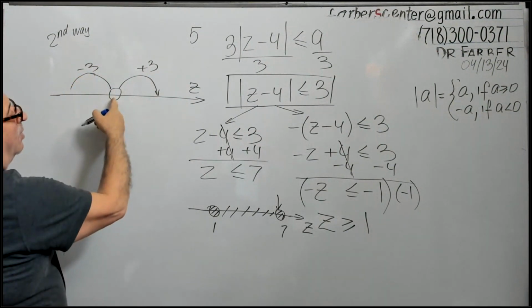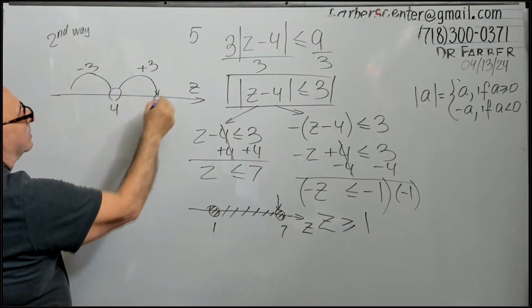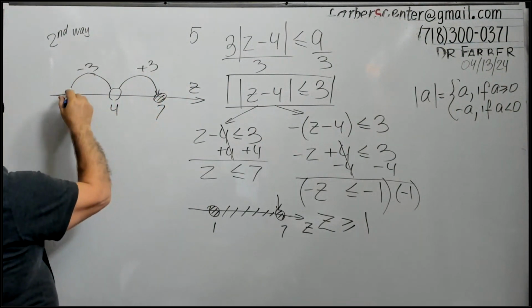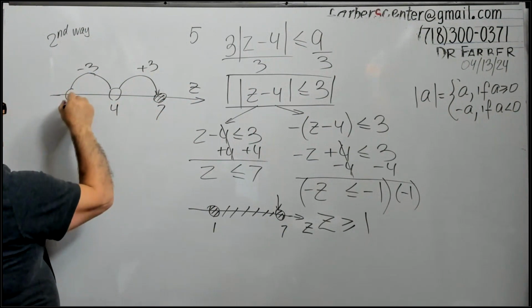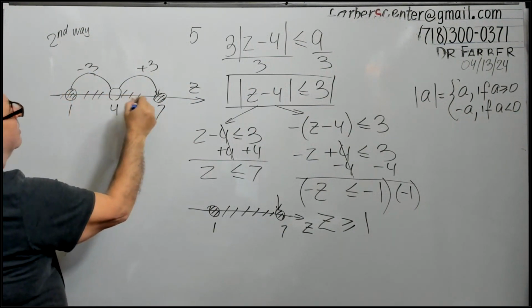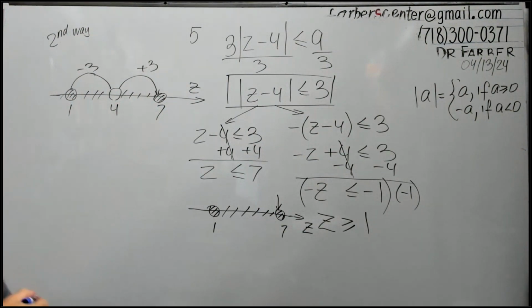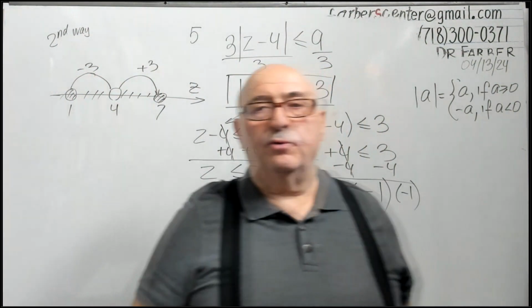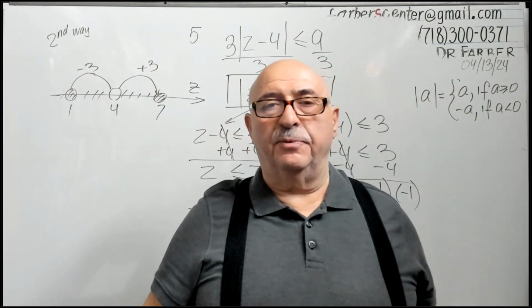Okay, 4 plus 3 is 7. 4 minus 3 is 1. And this is the solution set. Two steps. Remember, we did it for tolerance and learning, this discipline.